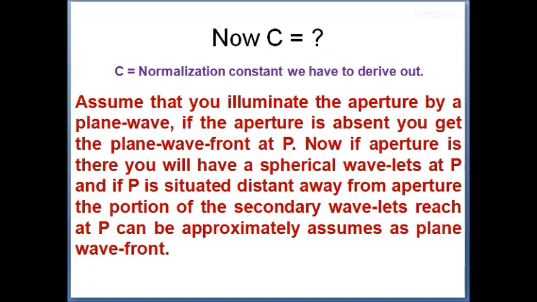Now if the aperture is there, you will have a spherical wavelet at P. Now if P is situated at a distance away from the aperture, the portion of the wavelets that contribute to the calculation of your diffraction can be approximately assumed as a plane wave.